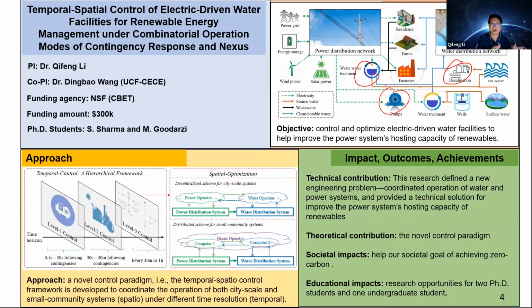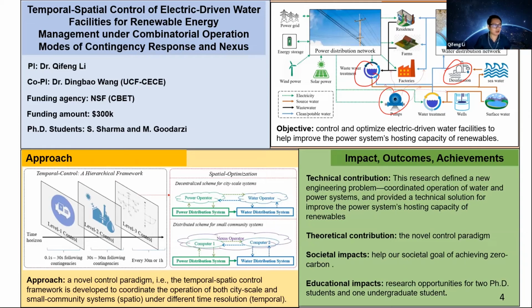For example, for a very short time resolution, when a cloud passes by, like I just mentioned, the solar generation drops, the control technology detects the drop of electricity production from the solar, so we can immediately turn off the water facility or reduce the speed of the pump so that it consumes less electricity. So to help the balance of the electricity.